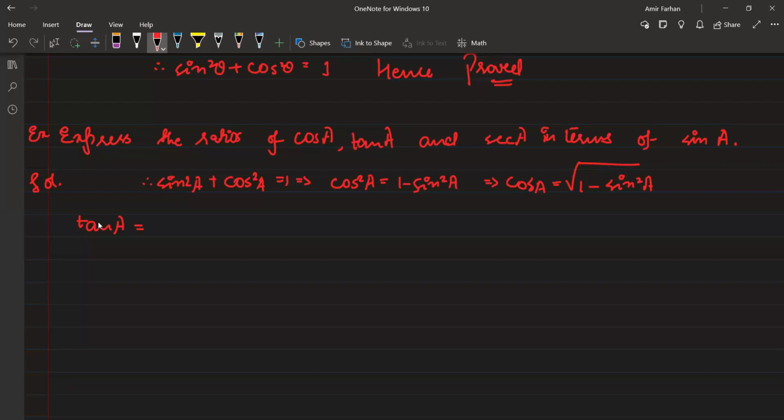What will be the value in terms of sine and cos? Can we write tan A as sine A upon cos A? Adil, yes or no? Yes.